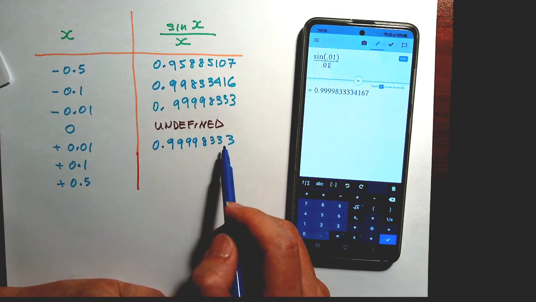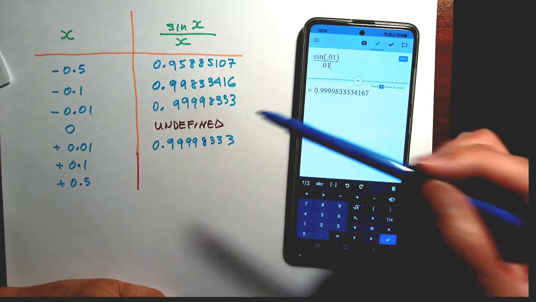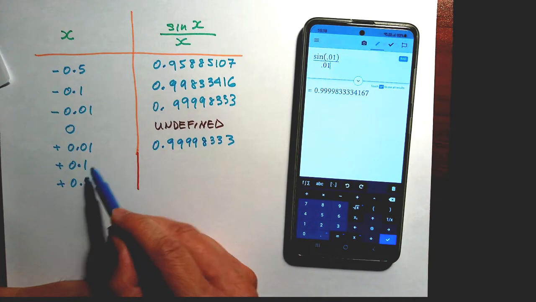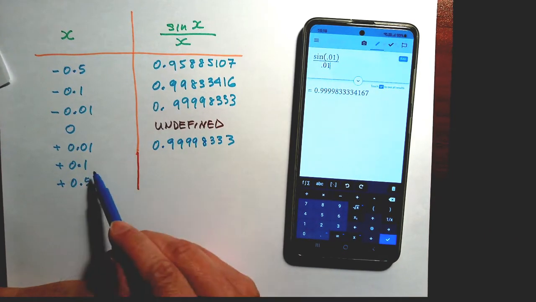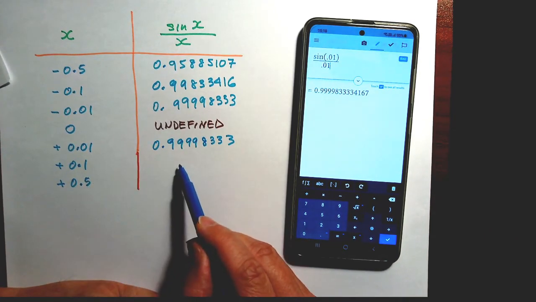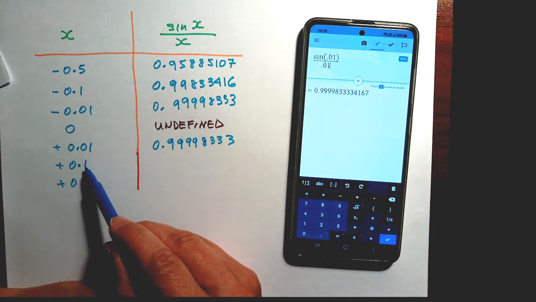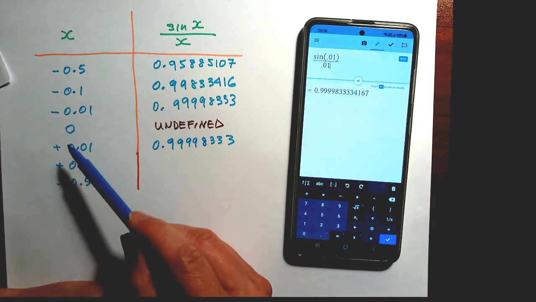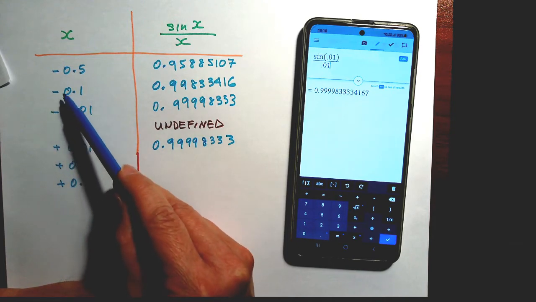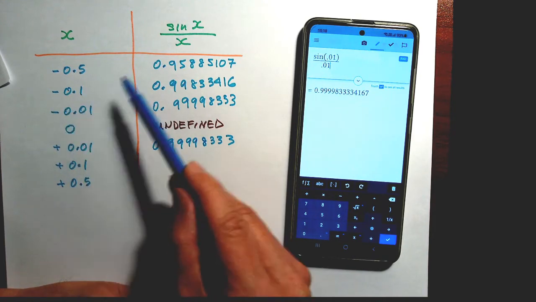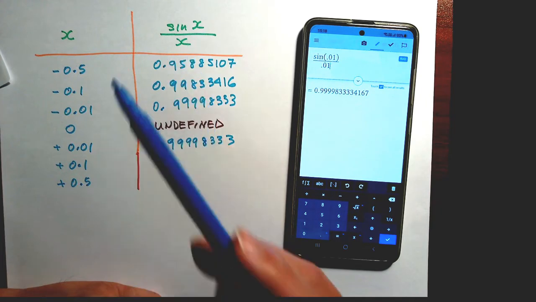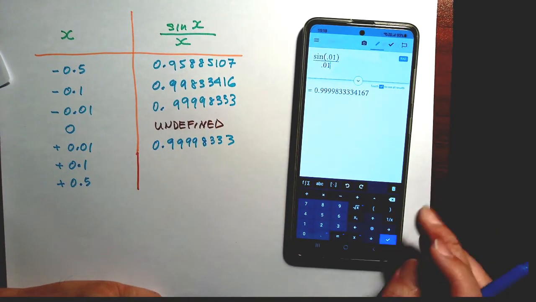Notice something interesting coming along here? Do you think the result here, where you plug in x equals 0.01, would be the same result as if you plug in x equals minus 0.1 into this function? Let's find out. Be very interesting.